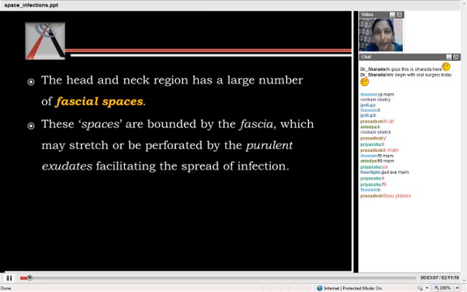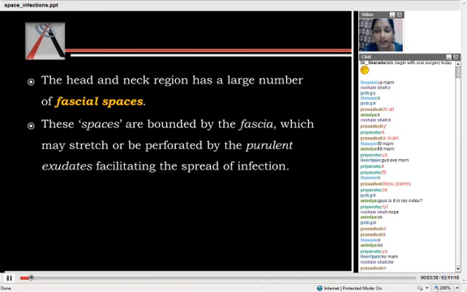Yes, tissue planes. So when we say spaces, it is not an anatomical form that exists in our body. The moment you say buccal space infection or buccal space, it's something to do with the pathology. Please note it down: when we talk of spaces, we are not talking of an anatomical landmark.